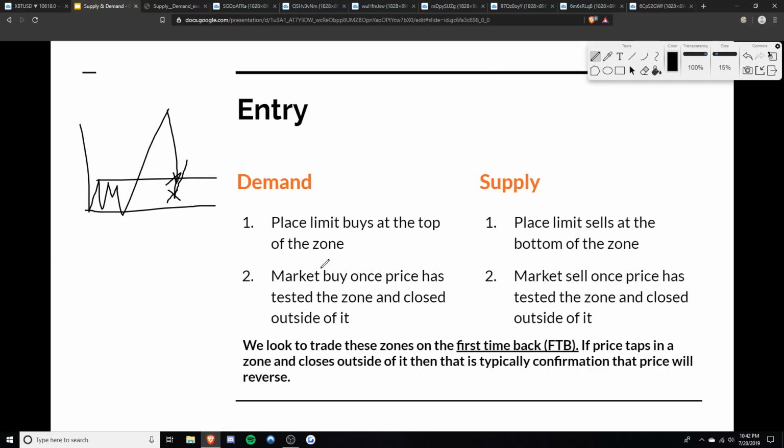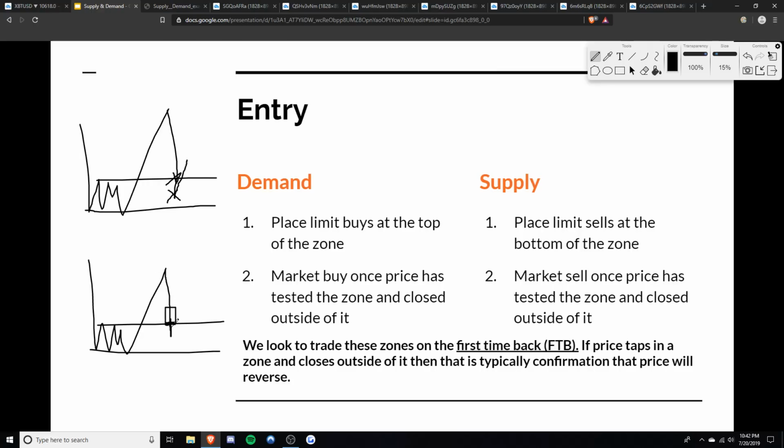And the other option is market buying once price has tested the zone and closed outside of it. So you'll have this demand zone, right? Typically, if price taps into the zone and you get a wick, but it closes back up here, this is how the candle body would be, more or less.